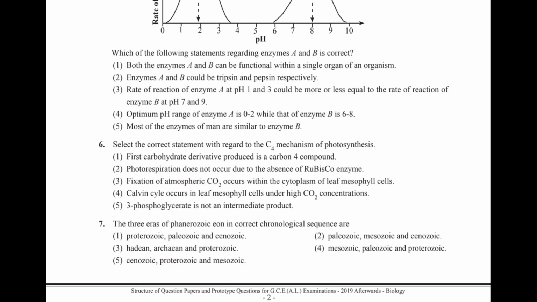Now, if we take the C4 pathway, it is something like this. You know, there is something called Kranz anatomy, right? There are mesophyll cells and bundle sheath cells. In the mesophyll cells of the C4 plant, carbon dioxide converts into bicarbonate by the carbonic anhydrase. Carbon dioxide in the atmosphere comes into the mesophyll cell.